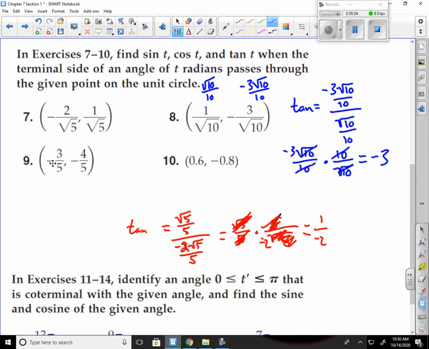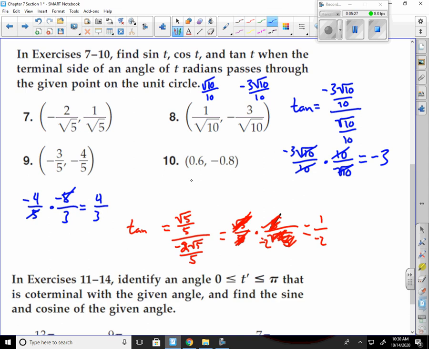Number 9, we don't have to rationalize the denominators. I'm going to do sine over cosine, negative 4/5 over negative 3/5, which means I flip it and multiply. 5's cancel, left with negative 4 times negative 1, positive 4 over 3.